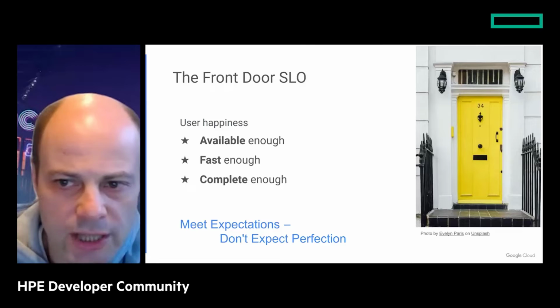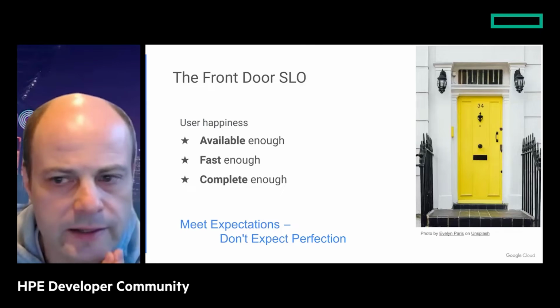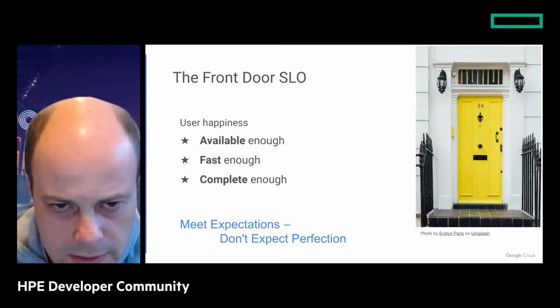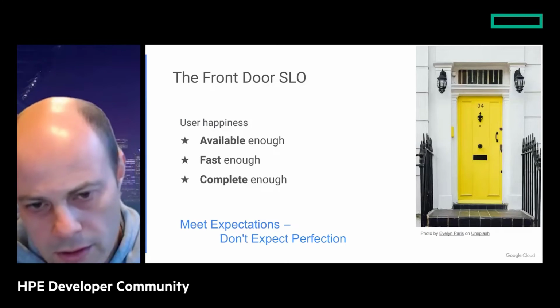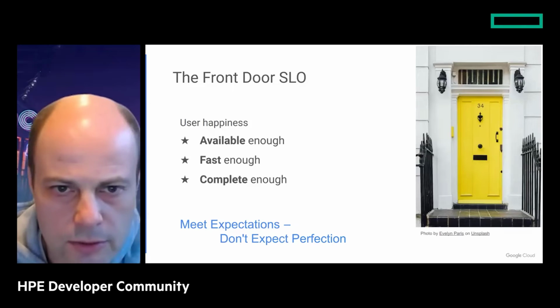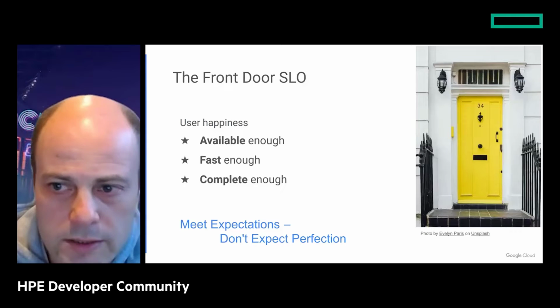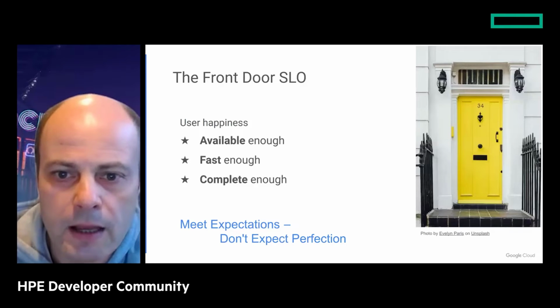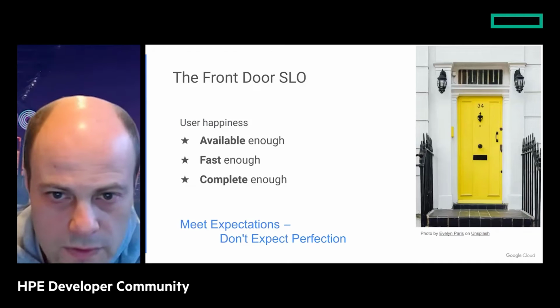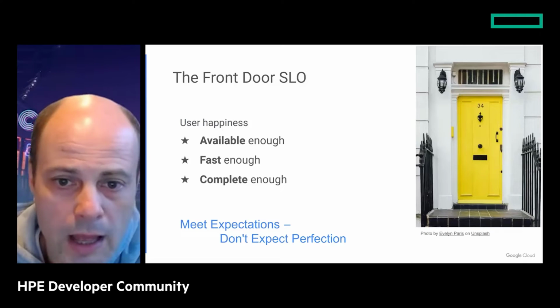Also, adding each 9 seriously decreases feature velocity because it decreases total error budget, removing your chances to do different new things in the service. So you want to maintain the level of SLO that is good enough for your users and not beyond.